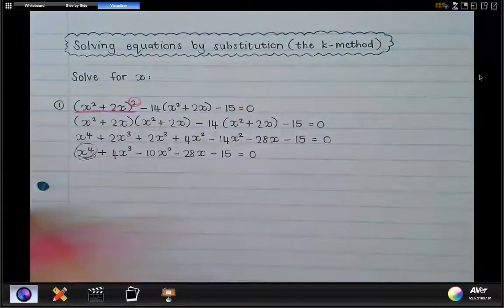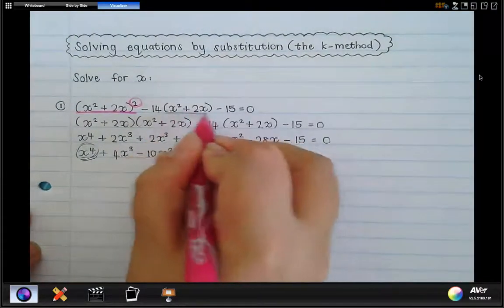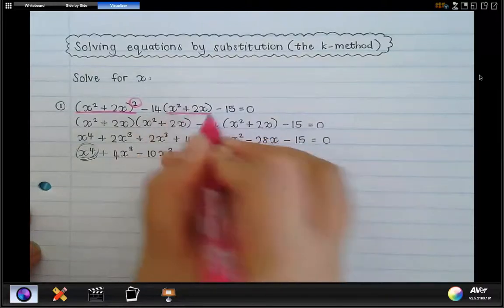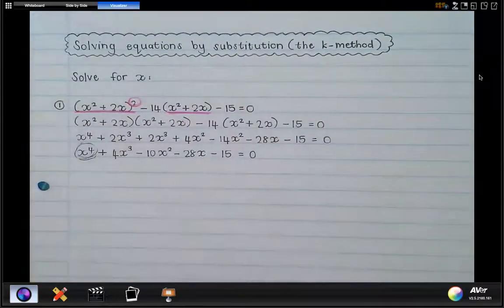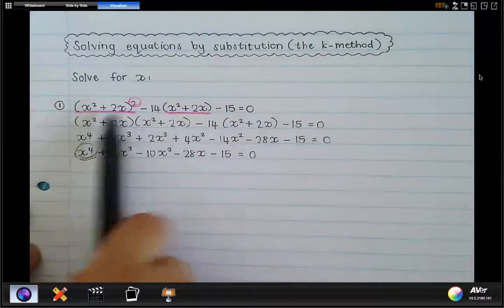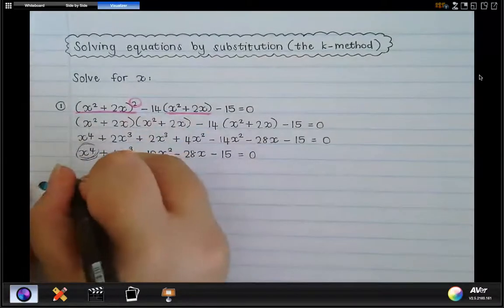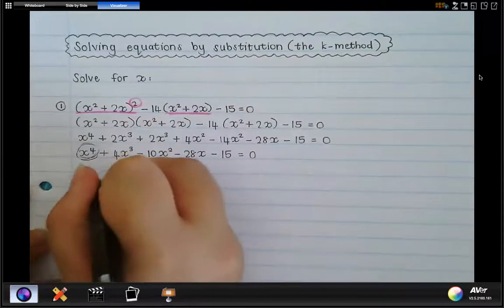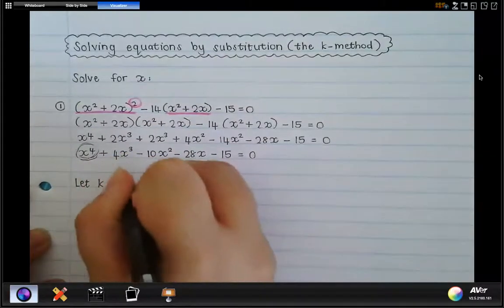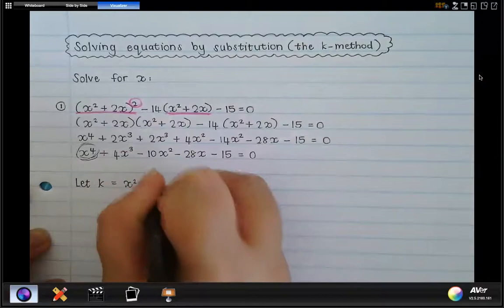What I want you to notice is that this bracket is repeated. There's an x squared plus 2x here, and then there's an x squared plus 2x there. So we are going to say let k be equal to x squared plus 2x.